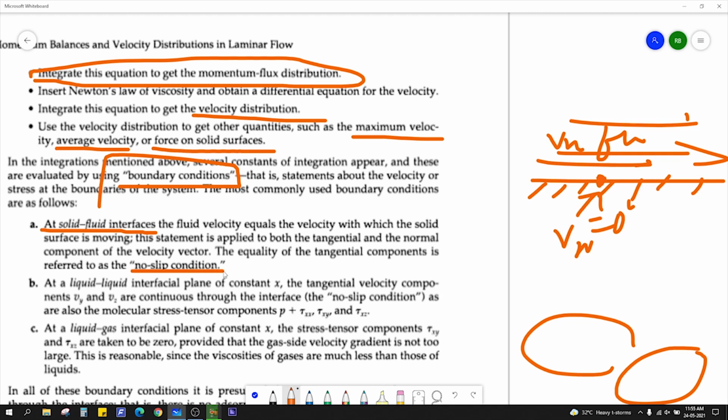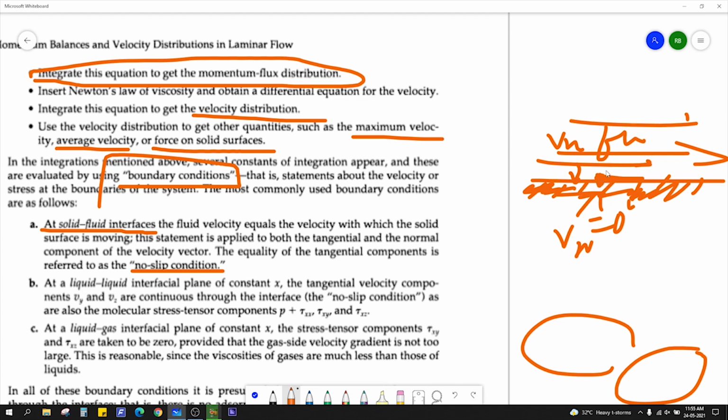This is called the no slip condition because the fluid in contact with the solid surface, which is not moving, the solid surface is stationary, so definitely the fluid cannot slip over this, right? The fluid at this point will be stationary as well.